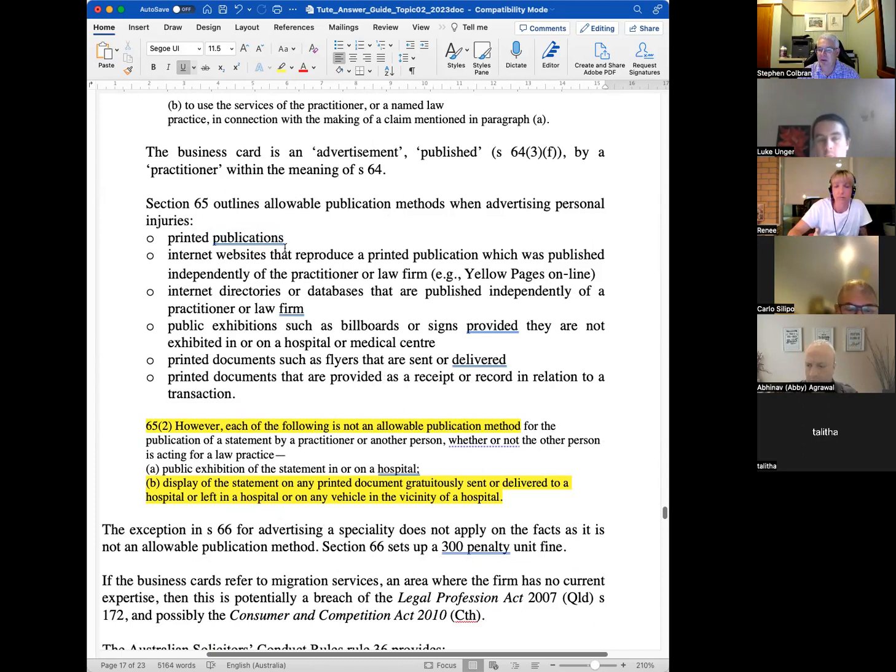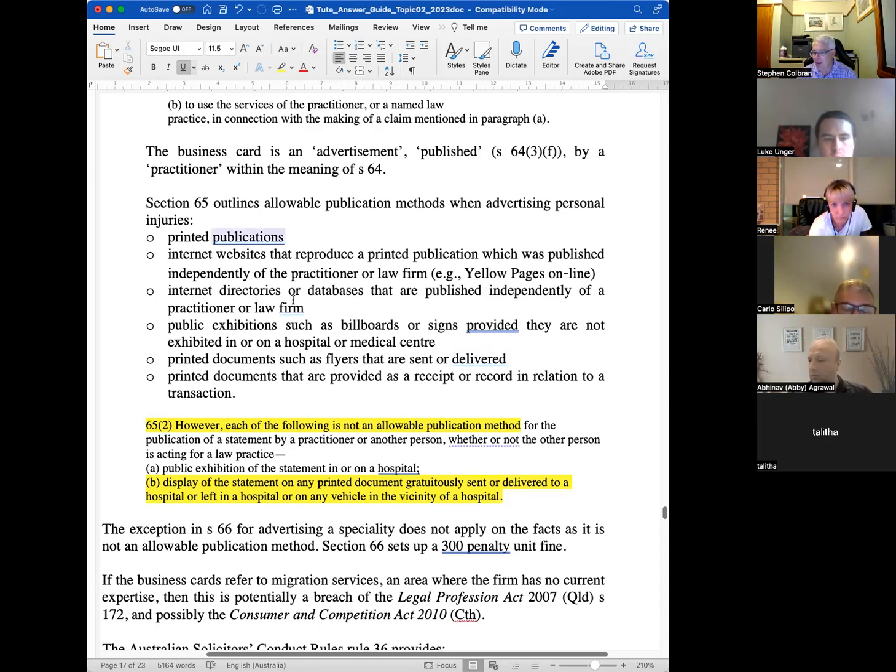So you can have printed publications, internet websites, internet directories or databases, public exhibitions of billboards and signs, provided that they're not exhibited in or on a hospital or medical centre. You can have printed documents such as flyers that you post out to people, and you can have printed documents that are a receipt or record in relation to the transaction. So they're allowable things.